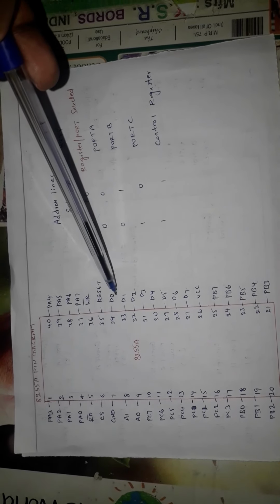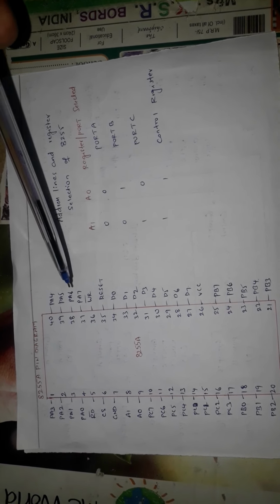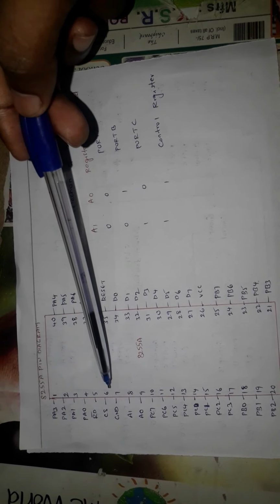In total we get 32 pins, and the rest of the 8 are the control signals: read signal, write signal, chip select signal, reset signal, ground, A1, A0, and then the plus 5 volts power supply VCC pin.